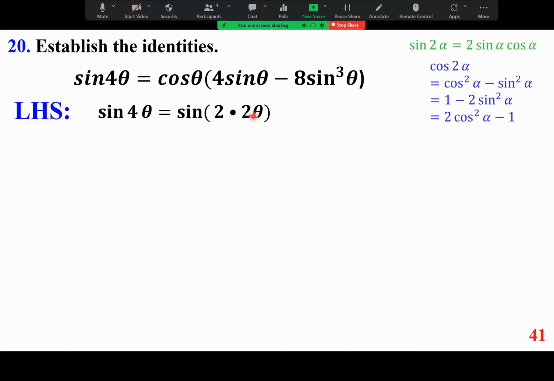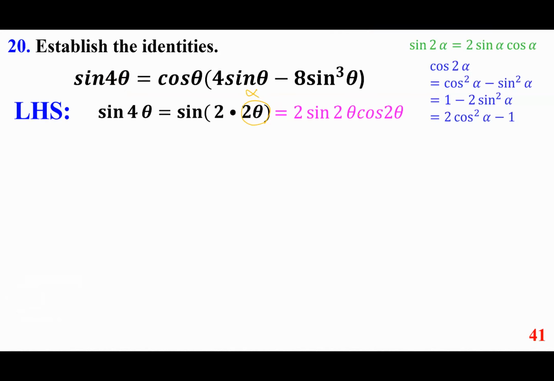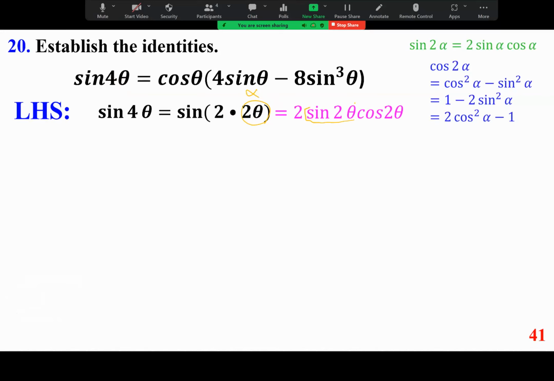So if you think 2 theta is your alpha, if you will, so it becomes 2 times sine of 2 theta. Think about this maybe as beta, okay, or even alpha. So sine of 2 alpha, 2 sine alpha cosine alpha. So 2 sine of 2 theta cosine 2 theta. Now, this one is 2 sine theta cosine theta.